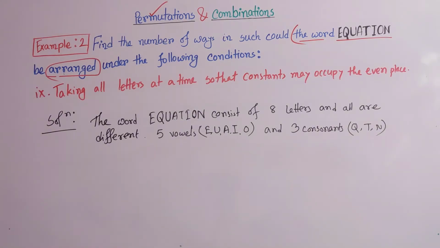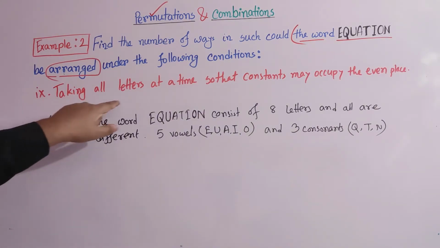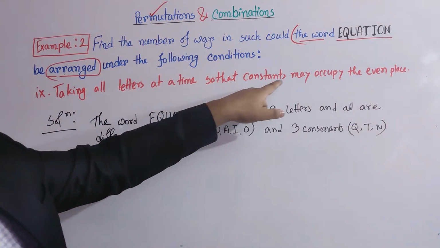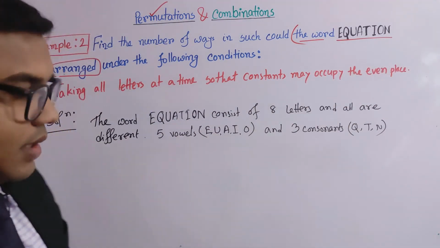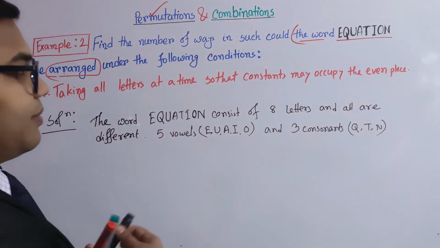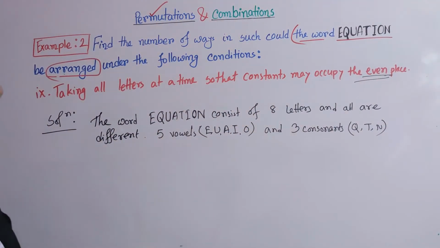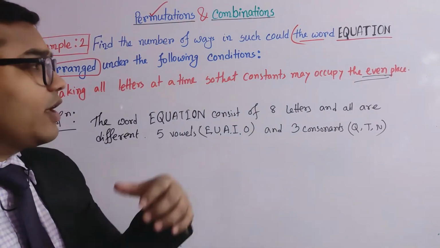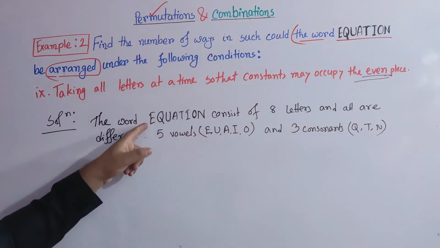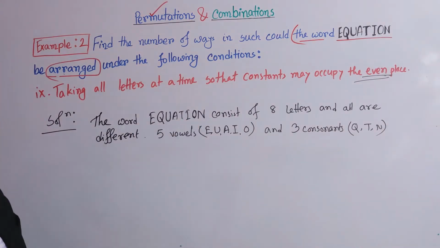Okay, now our next math. Here question number 9 says taking all letters at a time, so that consonants may occupy the even places. The very important and interesting thing here is the even place. How can we find the even places? How many places are there in the equation?